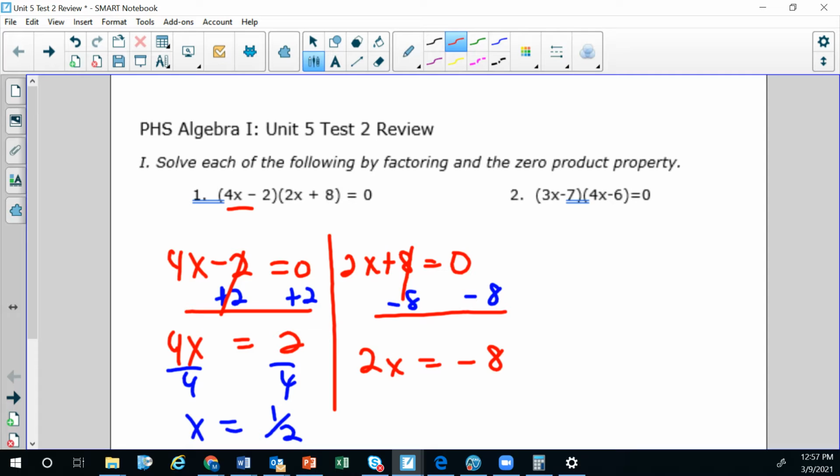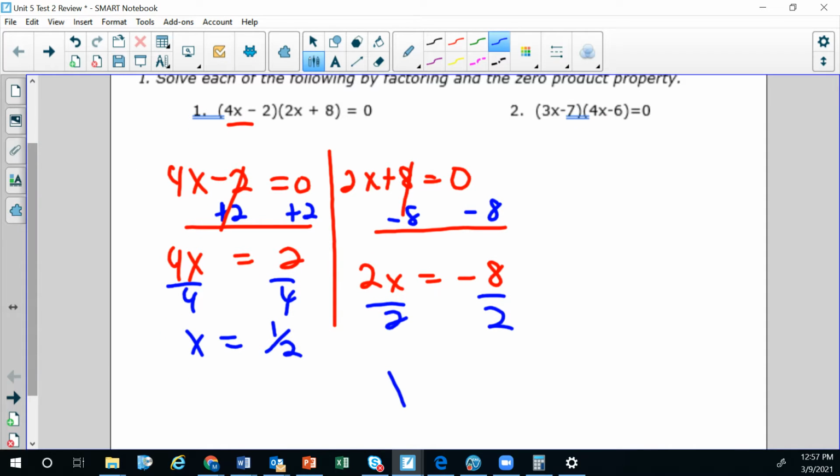Now, to get x by itself, all I'm going to do is divide by 2 on both sides, and that gives me x is equal to negative 4. X equals negative 4.